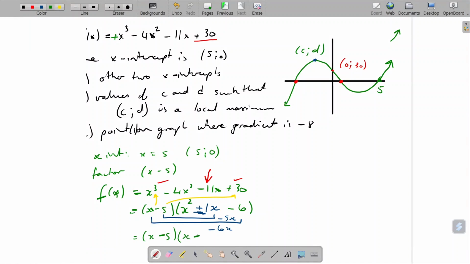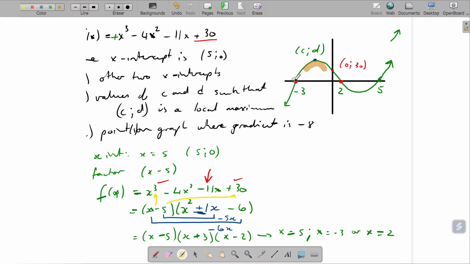I'm going to get x plus 3 and x minus 2, which gives me my three roots of x equals 5, which I knew and expected, x equals minus 3, or x equals 2. So I now know that one x cut is going to be at minus 3, and the other x cut is going to be at 2.